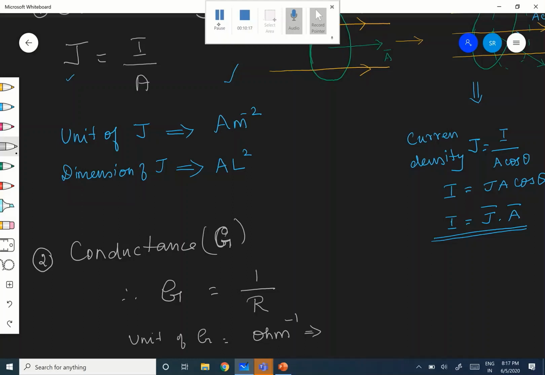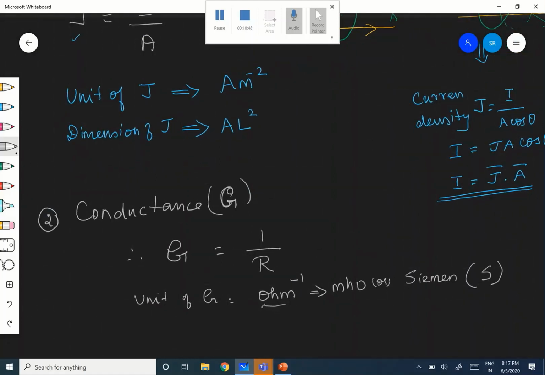It is also called mho, or it is called Siemen, S-I-M-E-N, capital S. So this is about conductance. Conductance is nothing but the reciprocal of resistance. Dimension you can write, because you know resistance, there is no need for me to write.